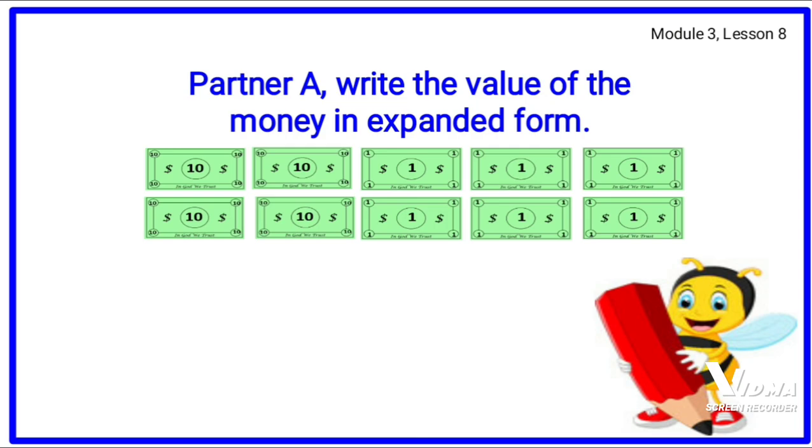Then look at it again. I've added another two $10 bills. So you have four $10 bills and six $1 bills. That would be $46. Try and write it in expanded form.